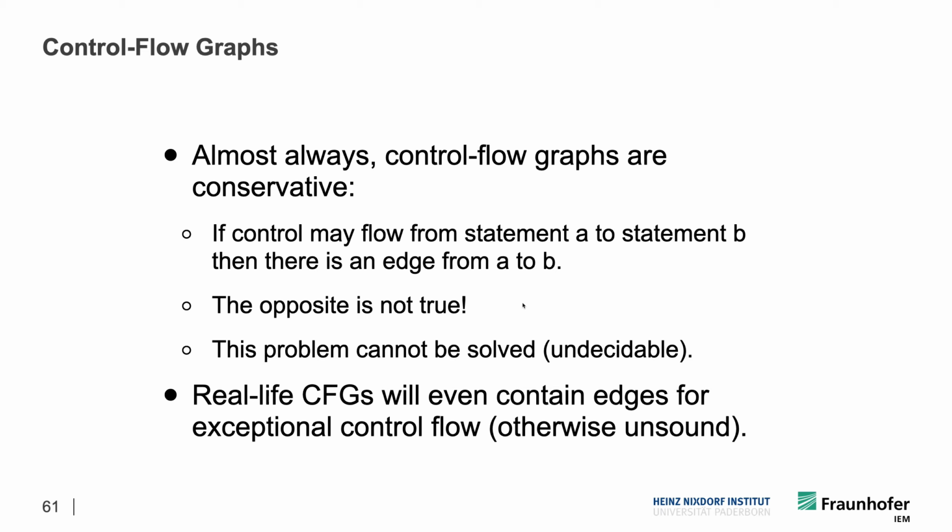So for instance, if you're looking at a Java program that is dividing two numbers, then if the one number is 0, you get a division by 0 exception. And then there would be a control flow edge in the control flow graph that models possible flow to the exception handler that is actually catching that particular kind of exception.